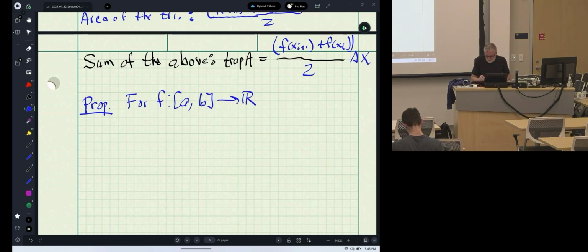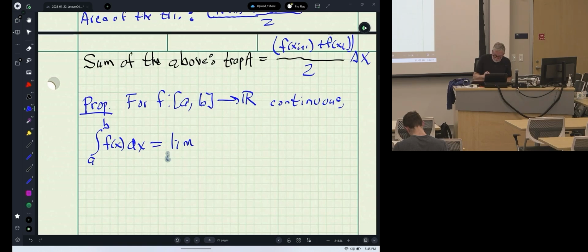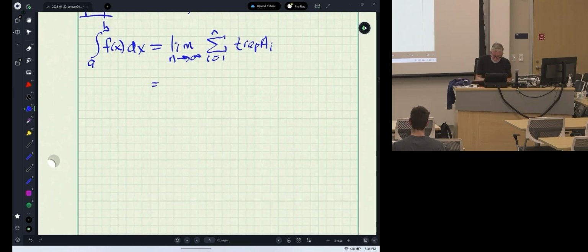If I take a function that is continuous, the integral from a to b of f of x dx is equal to the limit as n goes to infinity, not i, of the sum from i equals 1 to n of trap a sub i, and I'll add below it the formula in terms of f of x sub i, etc.